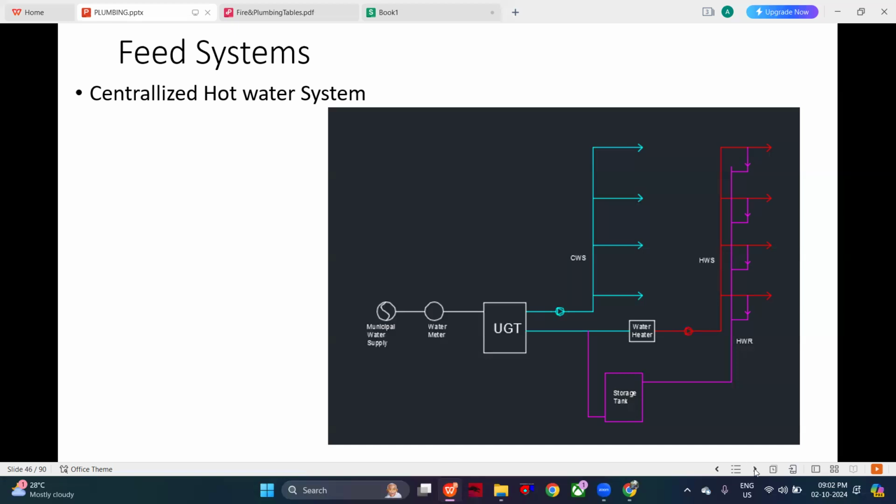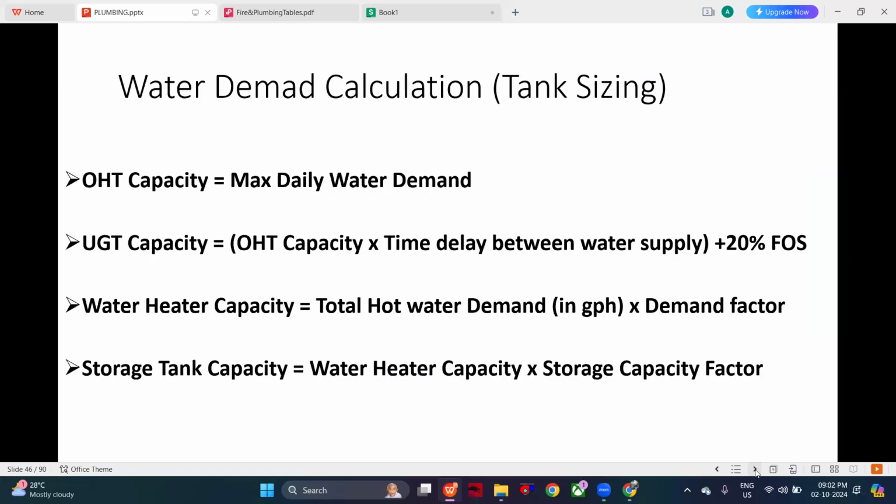Now, the overhead tank capacity is the maximum water demand.